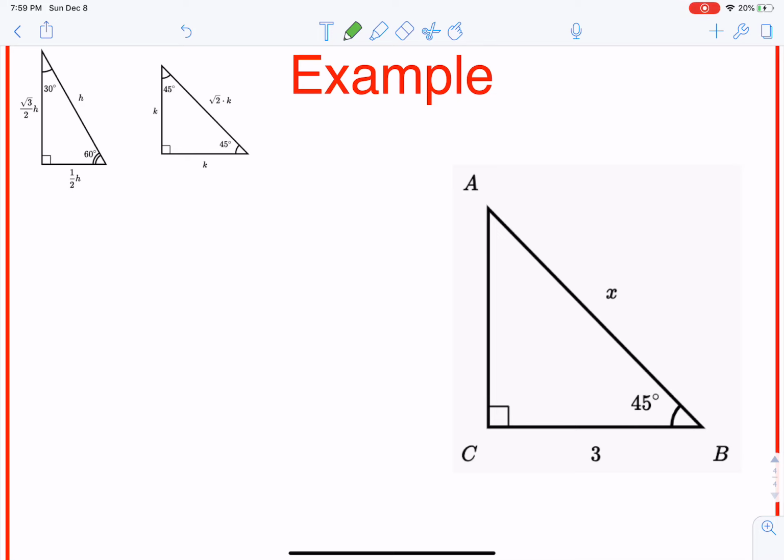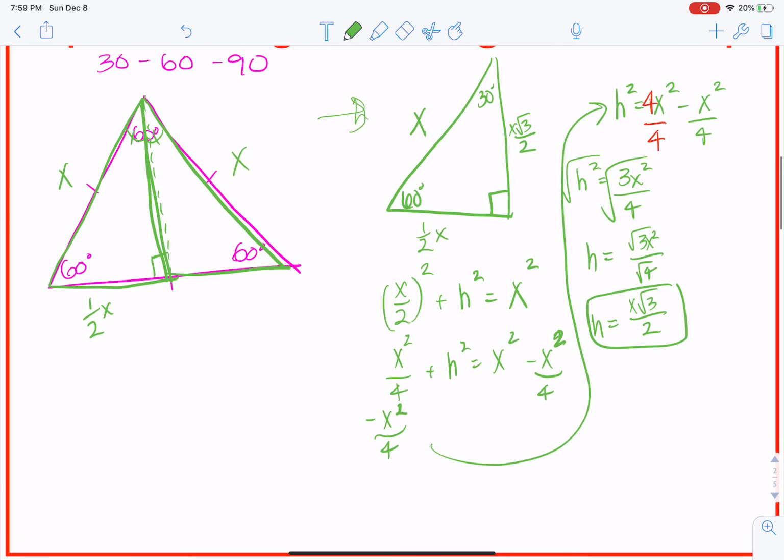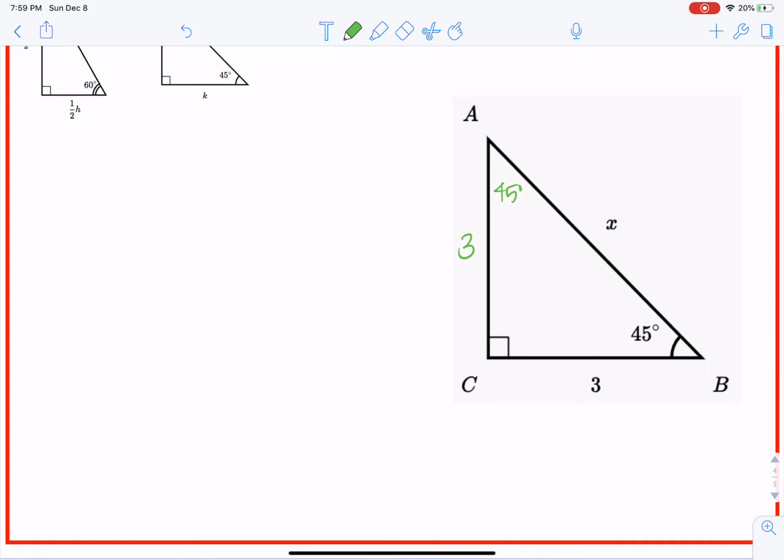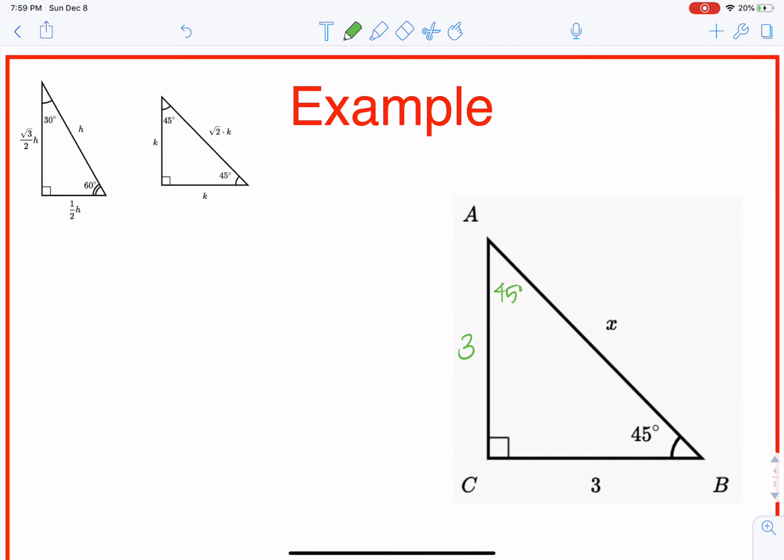Here is an example of a 45, 45, 90 triangle. Something that I know about these 45, 45, 90 triangles is that they are isosceles, so the legs will be the same. So there's really two ways to go about evaluating this. I can come back up here. Oh, I actually erased that. You'll see that here are the 30, 60, 90 ratios that we created.